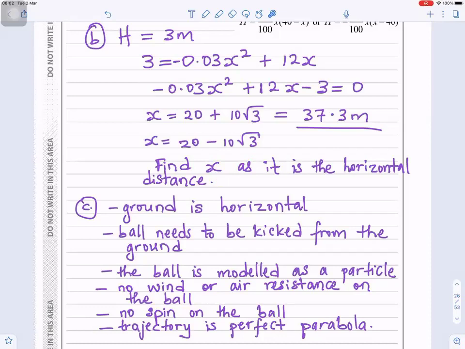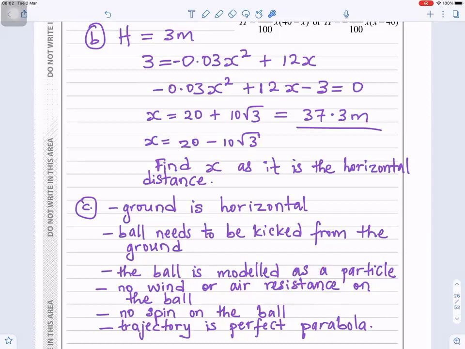So for part C, the ground is horizontal. The ball needs to be kicked from the ground. The ball is modeled as a particle. No wind or air resistance on the ball. No spin on the ball. The trajectory is a perfect parabola. There's no air resistance.